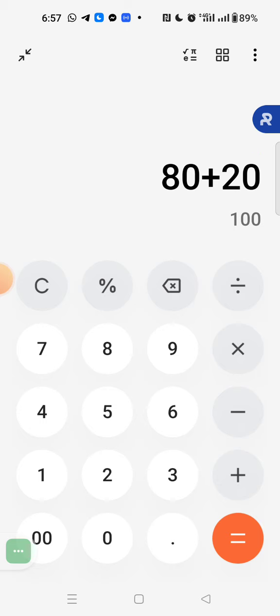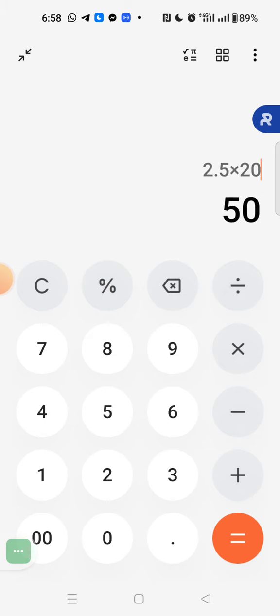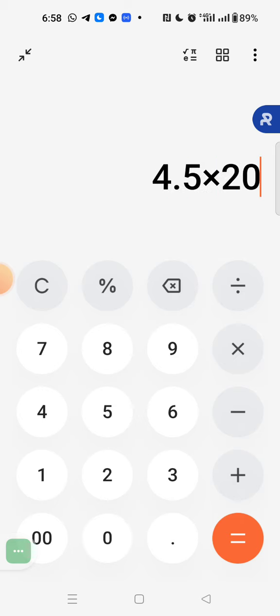But I have 146. So it means I can say 2.5 times 20 is 50. All right, then 4.5 times 20 is 90. So 90 plus 50 is 140.